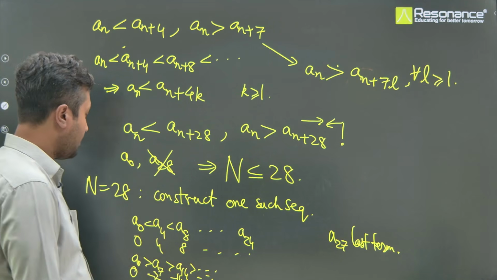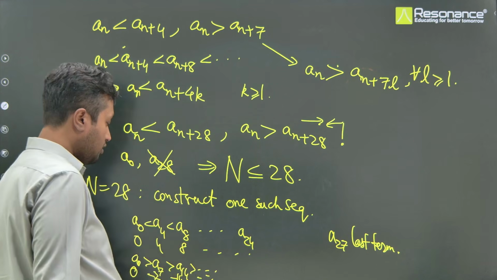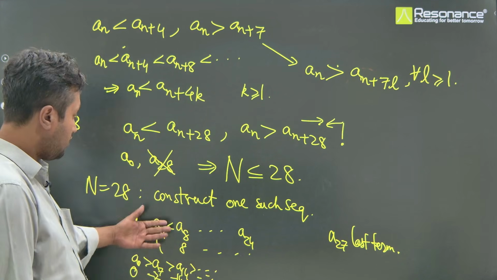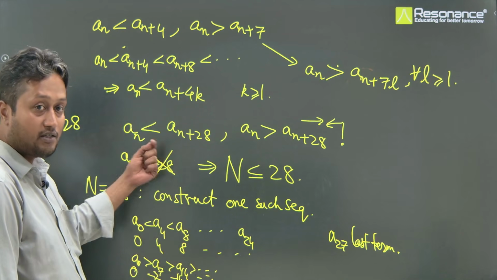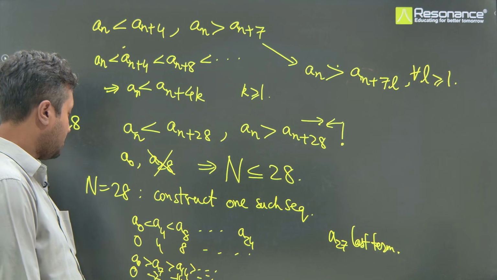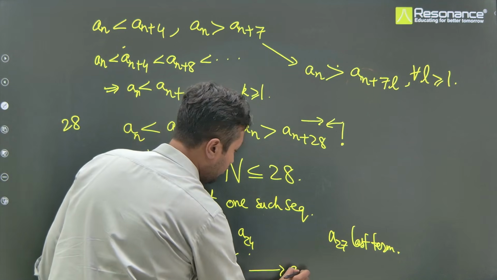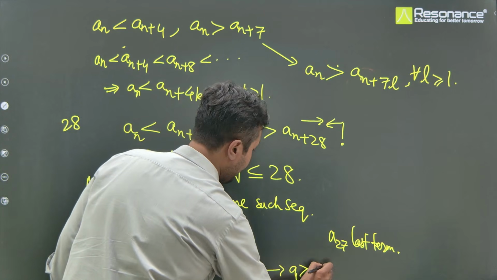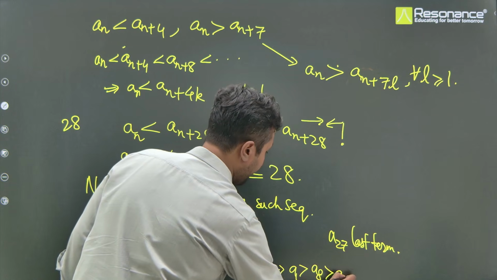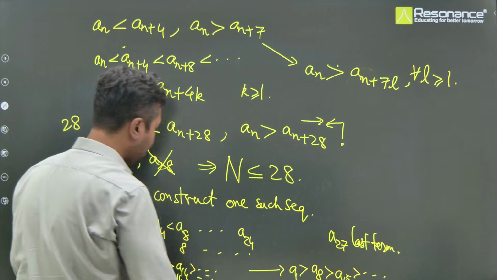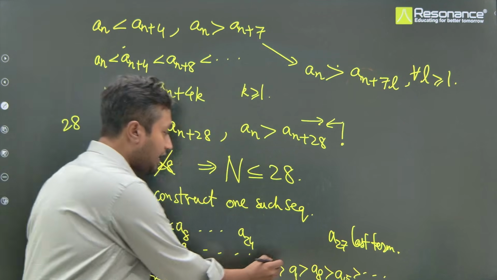Now what happens when you plug in a equal to 1? As soon as you plug in a equal to 1, you'll see exactly one term which works out computationally. In fact, when a equals 1, you will have a_1 greater than a_8 greater than a_15 and so on. But a_8 we already worked out the value, we want that to be 8.